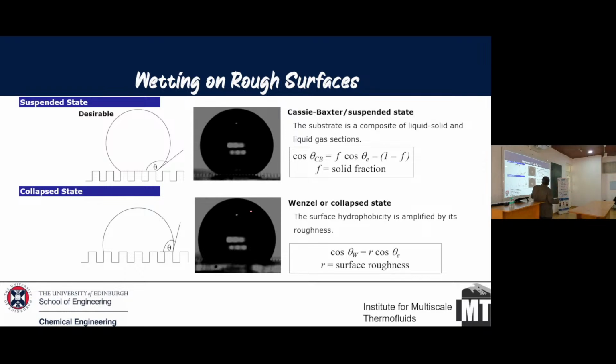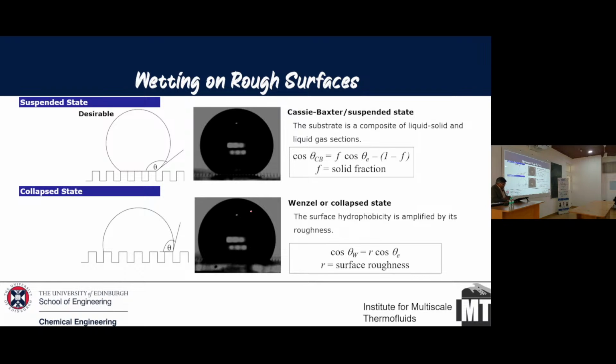If you want a very mobile system, you want to be in the Cassie-Baxter state, because the droplet can easily roll off, but once it is entrenched in the texture, its motion is completely restricted. So wetting on rough surfaces can be in the Cassie-Baxter state or a more collapsed Wenzel state.